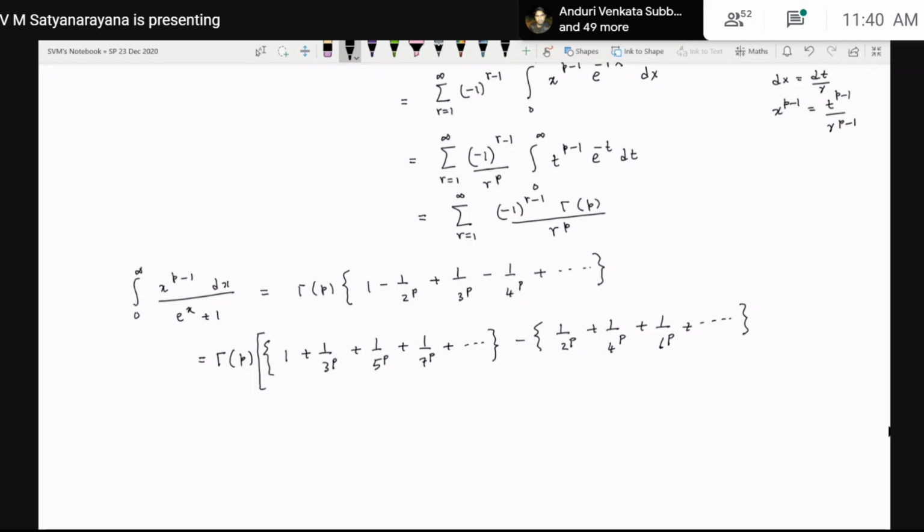Okay. Now you can see that 4 to the p can be written as 2 to the p into 2 to the p, 6 to the p as 2 to the p into 3 to the p, like that.